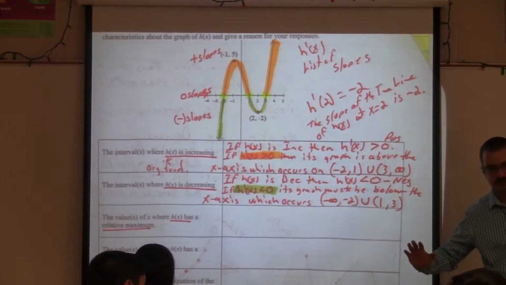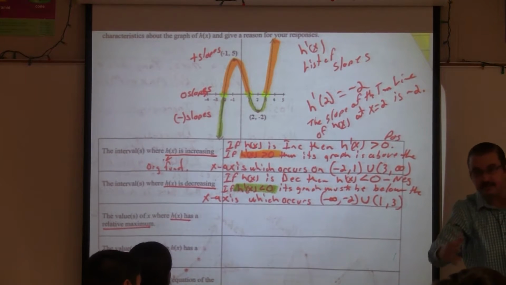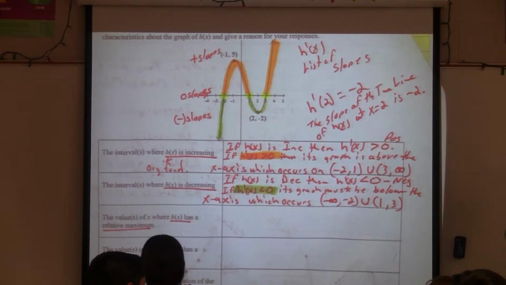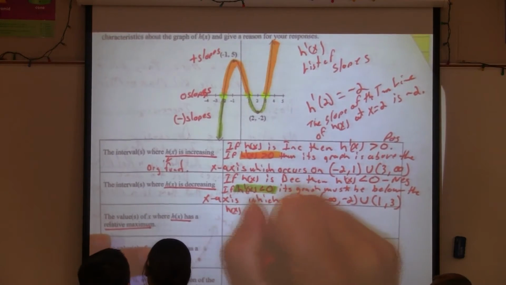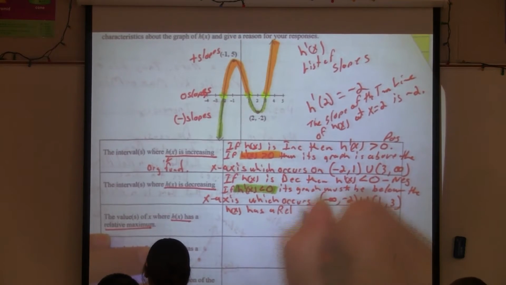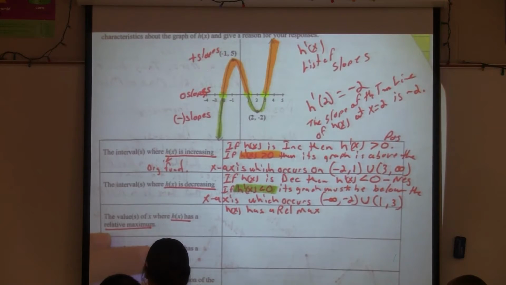So the original function goes from increasing to decreasing, and the derivative changes from positive to negative. So h of x has a relative max, right?